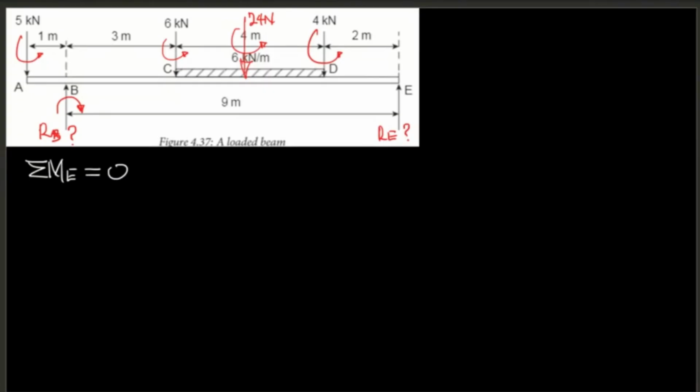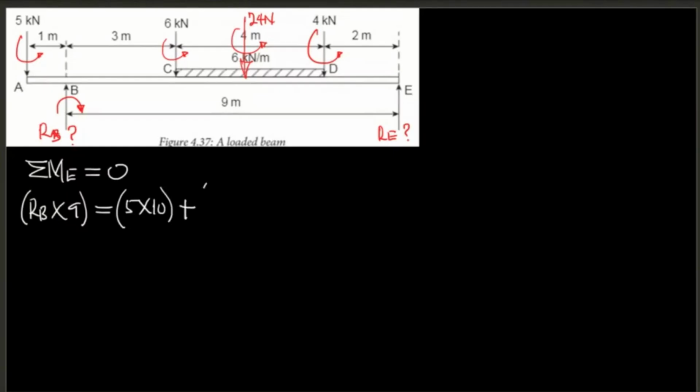So we have one clockwise, which is RB multiplied by 9. Then equals 5 multiplied by 10, the distance between that force and E is 10.